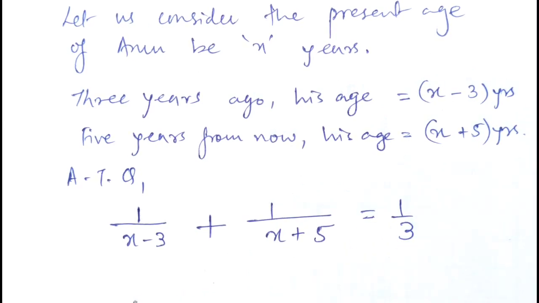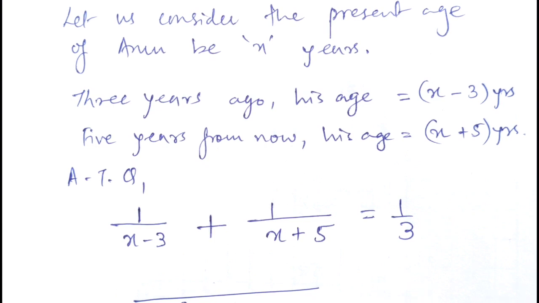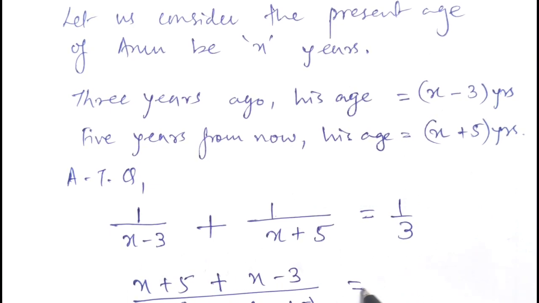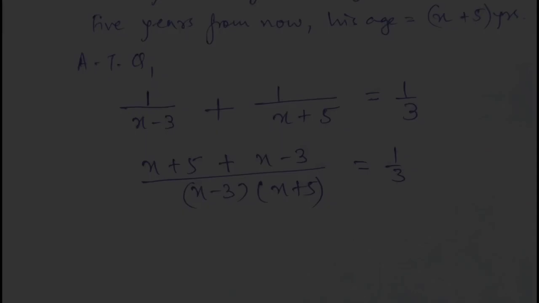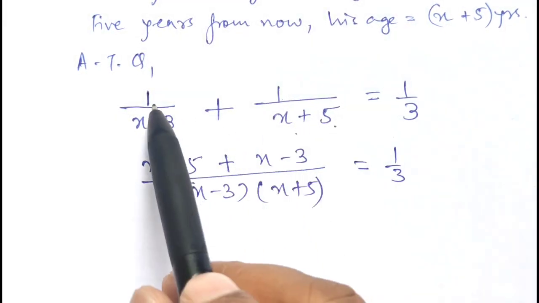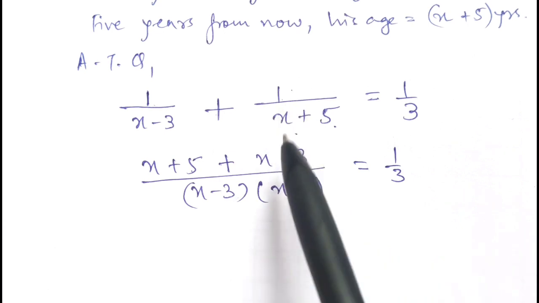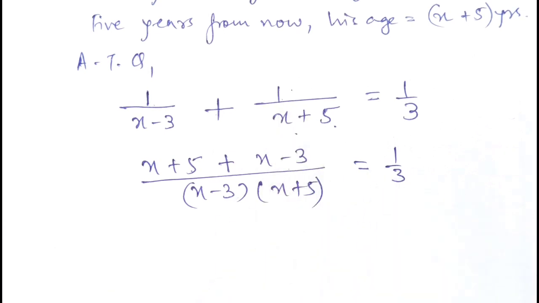On the left hand side, take LCM, x minus 3 into x plus 5. Now cross multiply: x plus 5 into 1 is x plus 5, plus x minus 3 into 1 is x minus 3, equals 1/3.